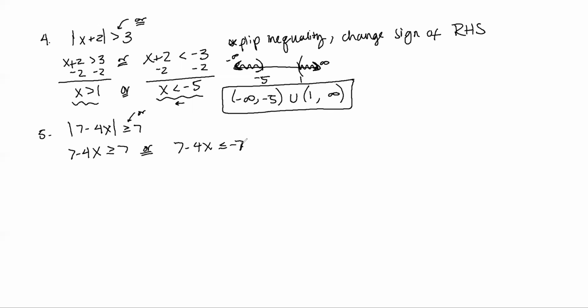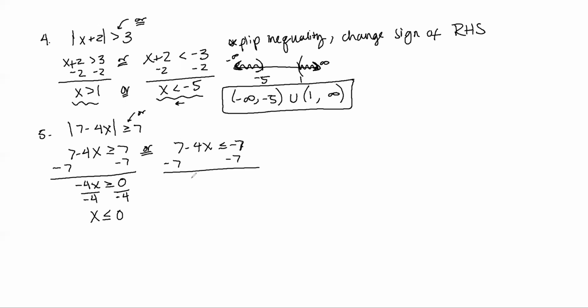Now, if I go ahead and solve this, let's subtract 7 from both sides. We get -4x is greater than or equal to 0. Now, when I divide both sides by -4, if we divide by a negative, what do we have to do? We have to flip our inequality. So we actually get x is less than or equal to 0. Solving our other one, let's subtract 7.